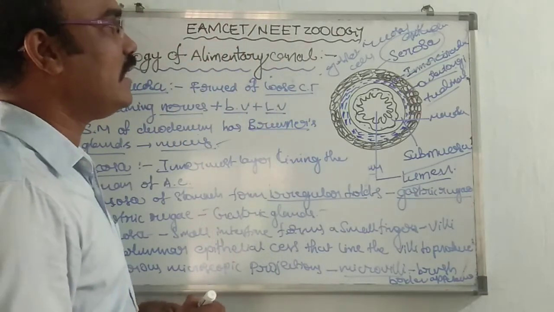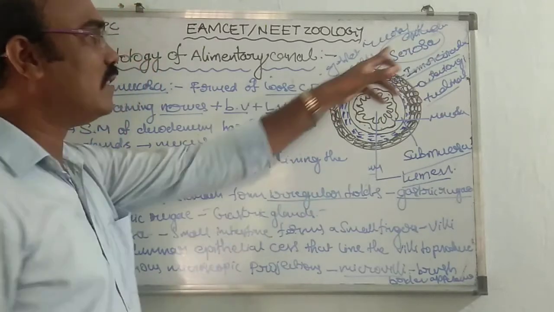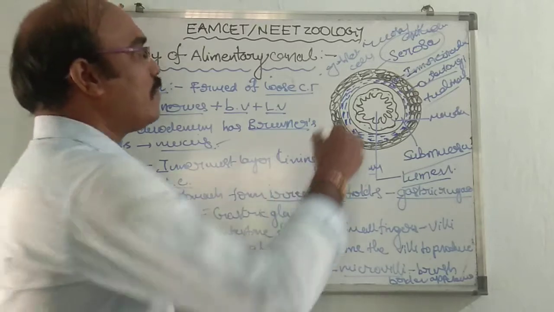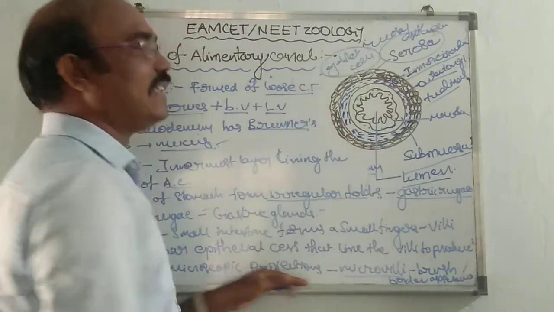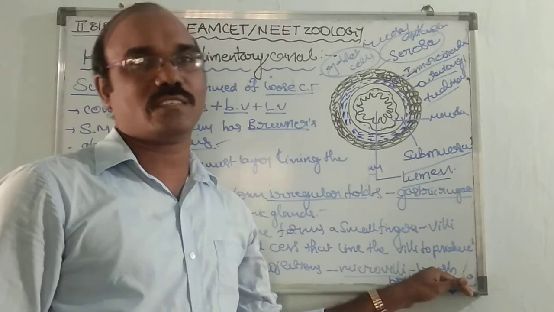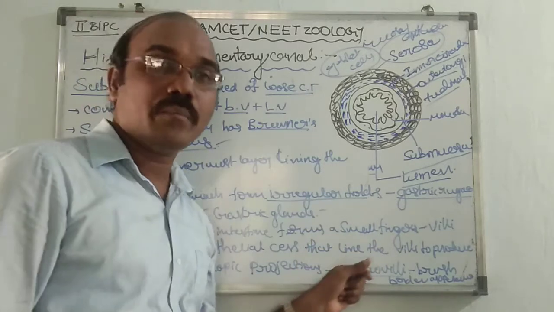The mucosal epithelium of the small intestine contains specialized cells called goblet cells. These goblet cells produce and secrete mucus.